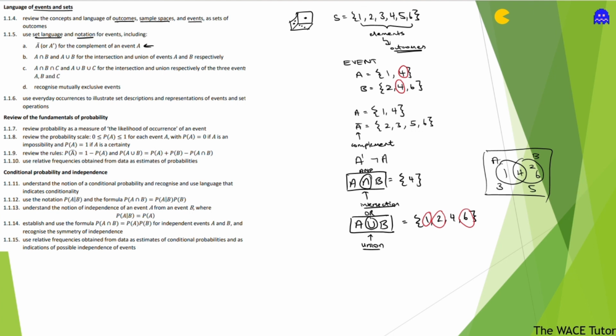Then our intersection of A and B represents this part here, which satisfies both A and B, whereas our union of A and B represents everything here. This is our union of A and B, and the red is our intersection of A and B.